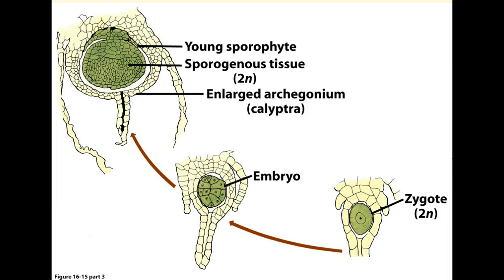Okay. So this sporophyte, if it's producing haploid spores, then what does that sporophyte have to do to produce those haploid spores?